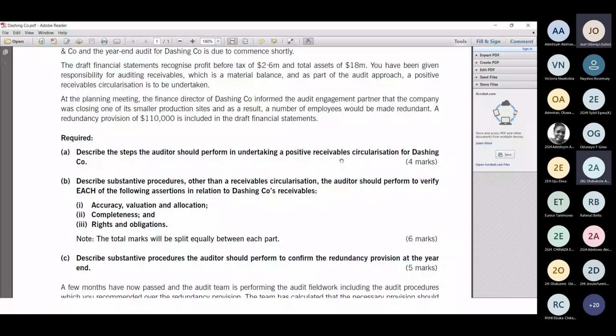You want to obtain this from management to confirm the completeness of receivables. Are you going to use that? Is the allocation you want to confirm with completeness? You see how you have mixed up the procedure. So please try and avoid this in the exam.